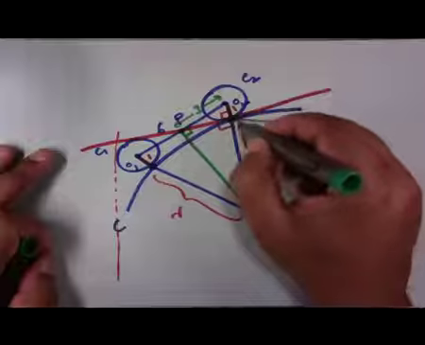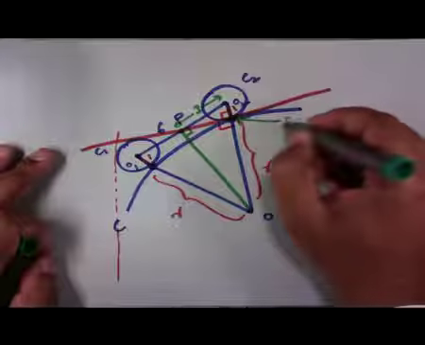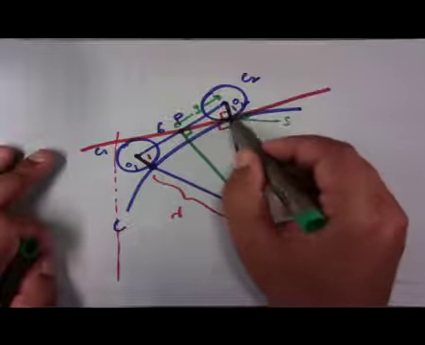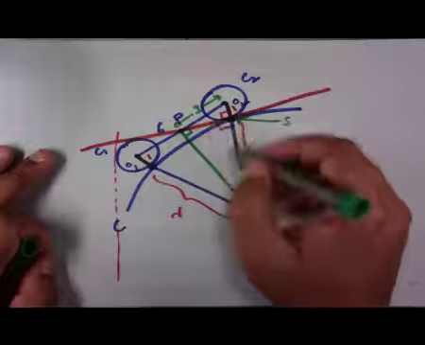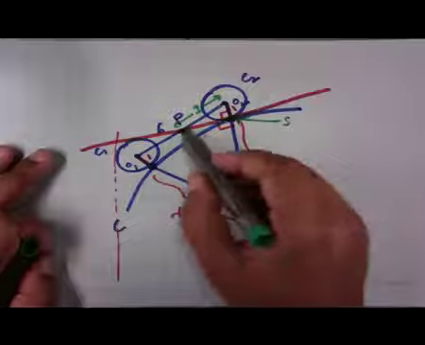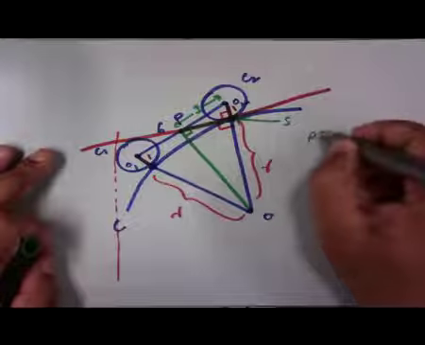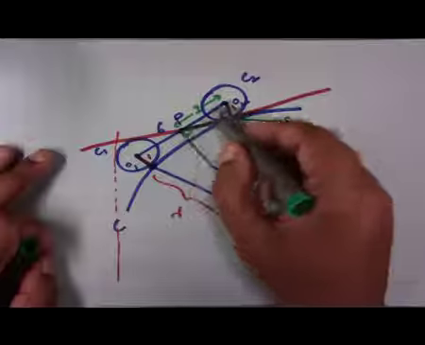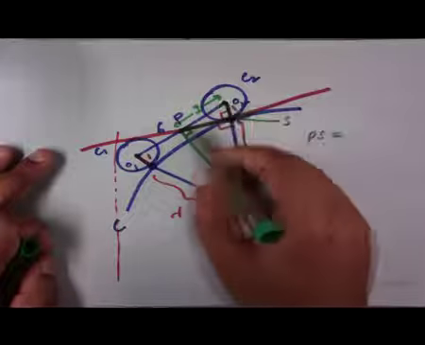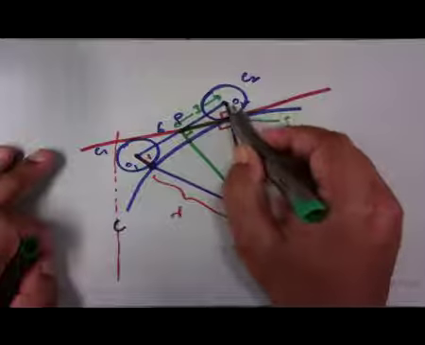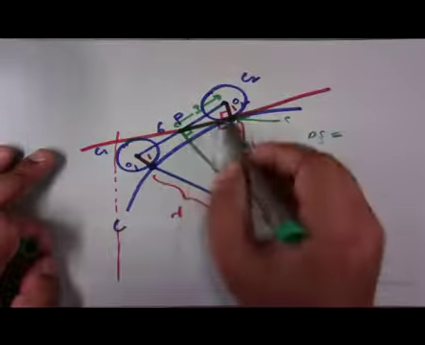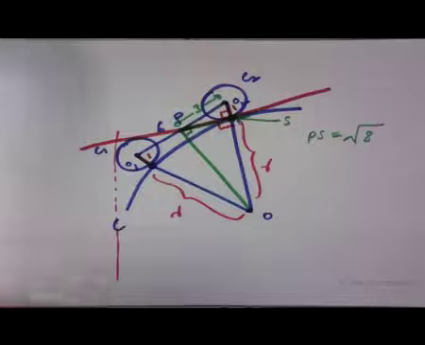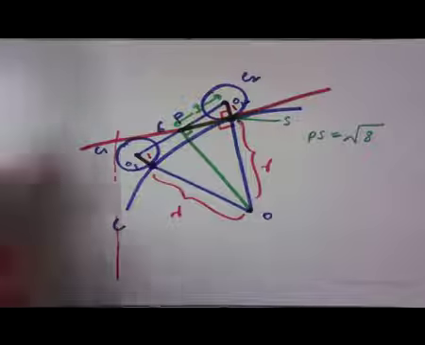Let this point of contact be denoted by S. Now, we see that this triangle O2PS is a right angle triangle, and therefore, from the Pythagoras theorem, 9, which is the square of this hypotenuse, will be equal to the square of PS plus 1, and therefore the square of PS is 8, and hence PS is square root of 8 units.